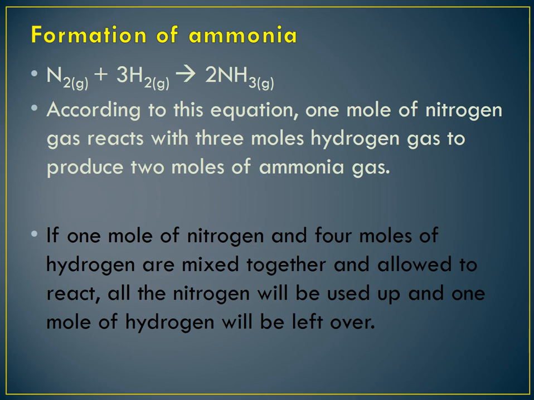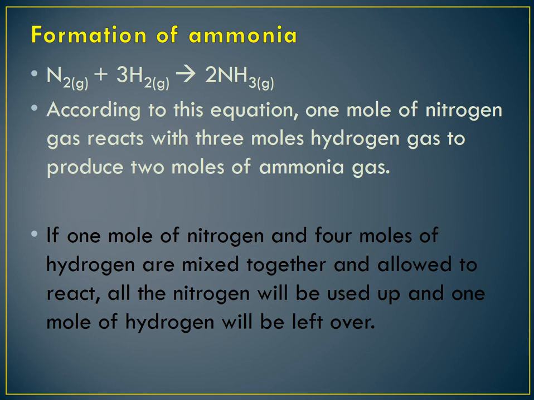So if we look at this equation for the Haber process, the production of ammonia, we can see that 1 mole of nitrogen will react with 3 moles of hydrogen, and it will produce 2 moles of ammonia gas.